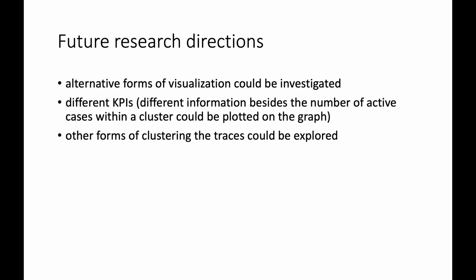Future research directions can be numerous. For example, alternative forms of visualization could be investigated. Then different KPIs. For now, we look at two KPIs: one was how fast the cases perform in the system, and the second was the number of cases and similarity measure. So different KPIs can be explored.